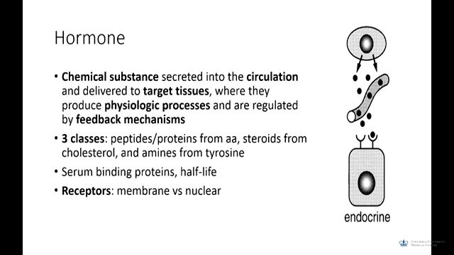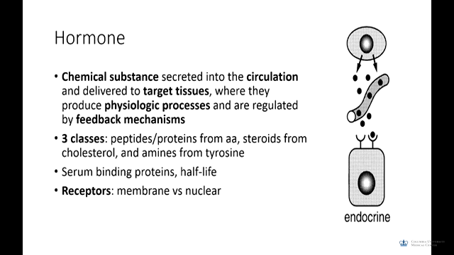The second class is steroid hormones. They're synthesized from cholesterol, and these are hormones secreted by adrenal cortex, ovary, testes. And the last class is amines, which are synthesized from tyrosine. And these are hormones from adrenal medulla, the catecholamines, and thyroid hormones.